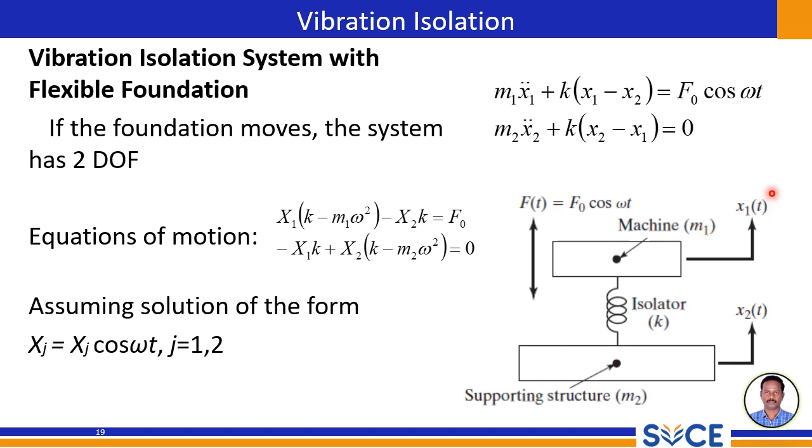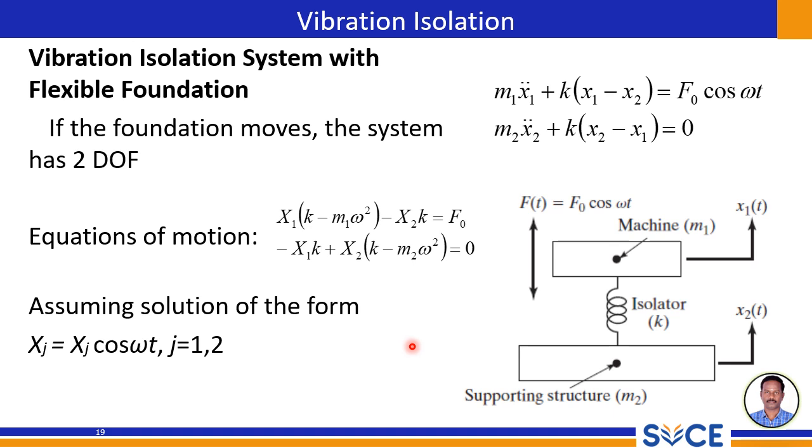Then we assume a solution of the form x_j equals X_j cos omega t, where j varies from 1 to 2. This means we are assuming that the displacements x1, x2 are harmonic functions with the same frequency as the excitation force.